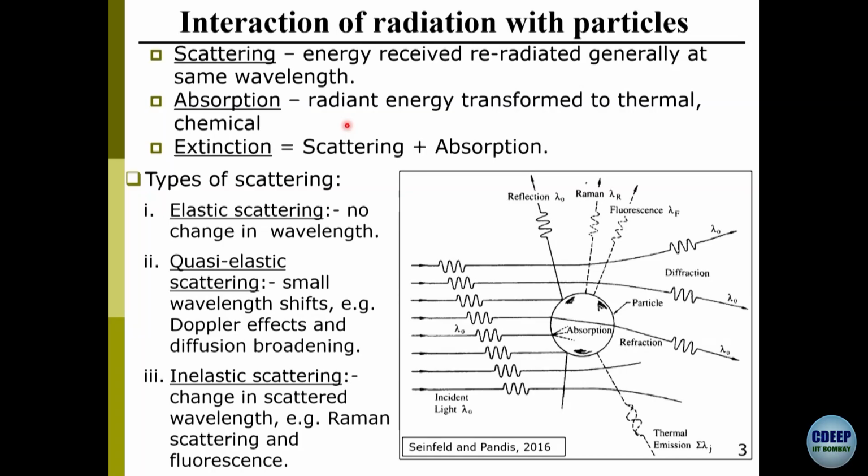So you will have more energetic radiation, the shorter wavelength, then some of it getting used up as thermal, and the rest of it, therefore you will have longer wavelength emission than the incident radiation, right? And then we have this concept that extinction is the combination of scattering and absorption, so a certain additivity.